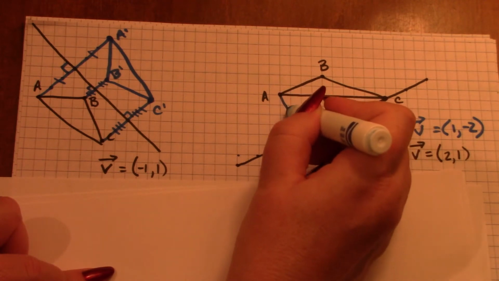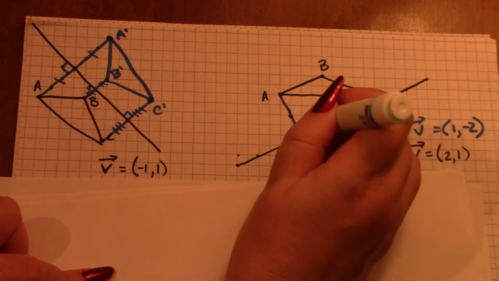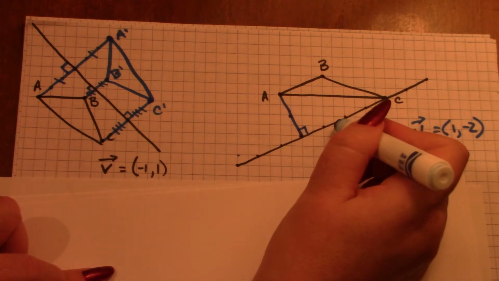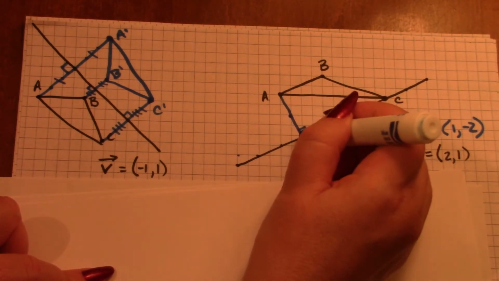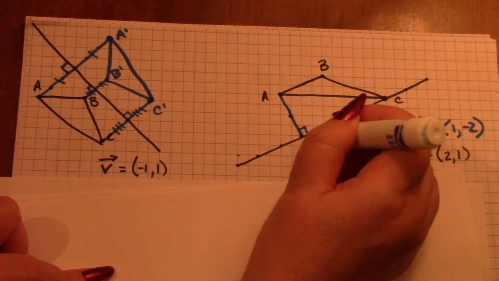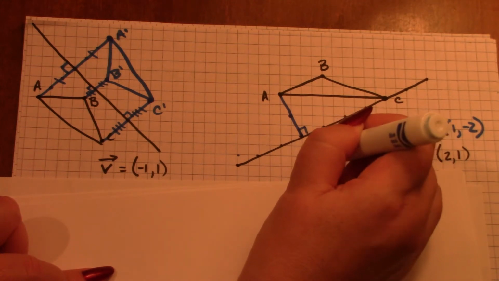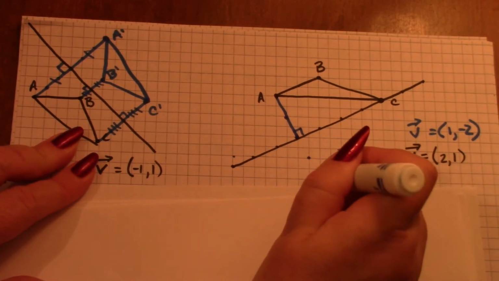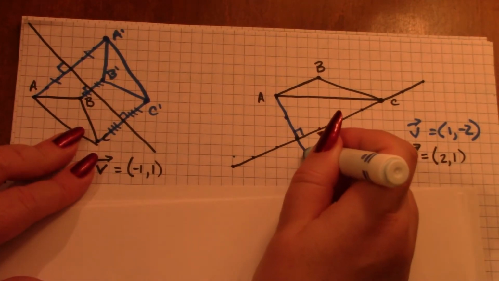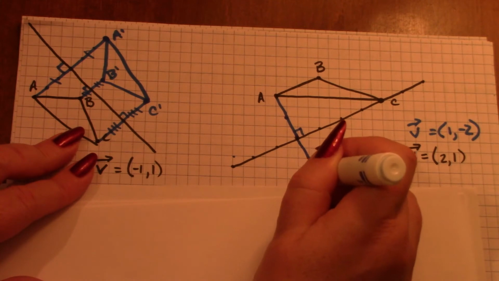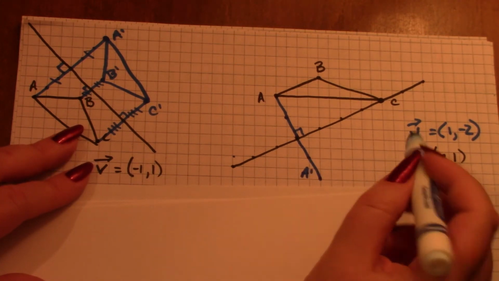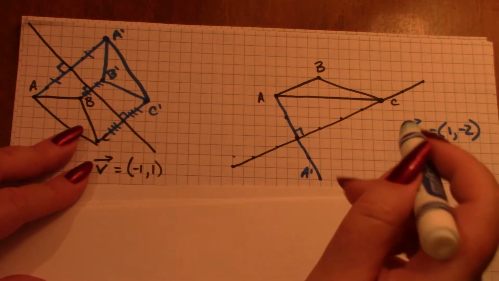And that's going to create this line, which is exactly perpendicular to line L. And it did that twice. So we're going to do it again twice. Over 1, down 2. Over 1, down 2. And we're going to draw this line, and this is going to be A prime. Do that for B and C and draw your image.